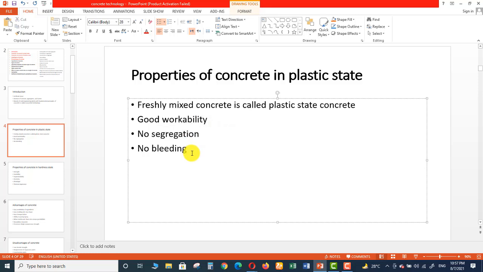If water separates from the concrete, then it is called bleeding, right? Bleeding may be defined as the separation of water or water and cement from freshly mixed concrete, and it is caused by excess water content. If we use a lot of water in the concrete, then we can expect bleeding. So these were some properties of concrete when it is in plastic state.